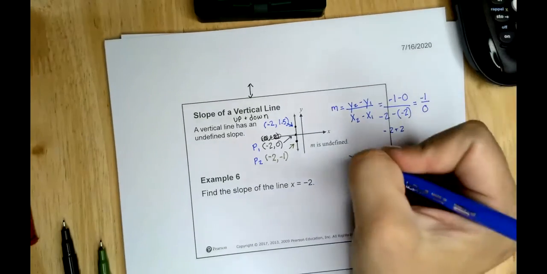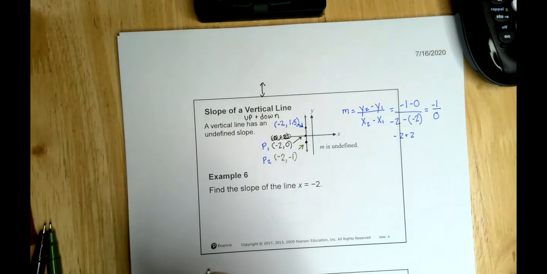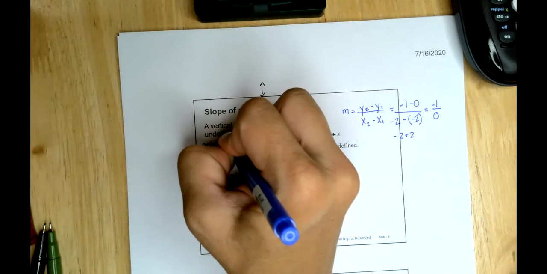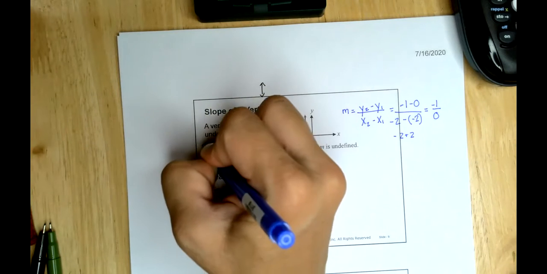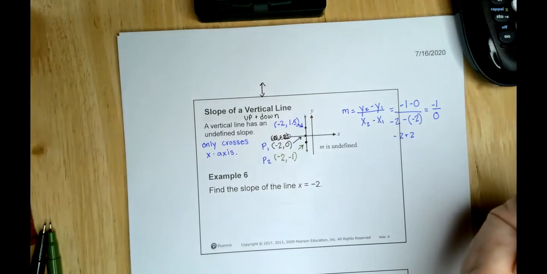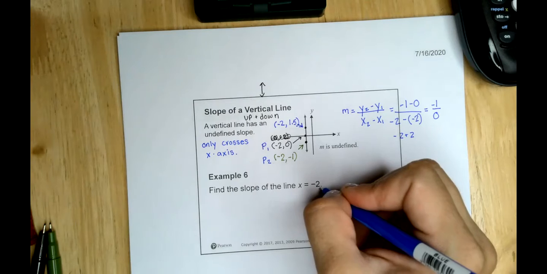So for that reason, a vertical line has an undefined slope. It will only ever cross the x-axis. It will never cross the y-axis. Find the slope of the line x equals -2.